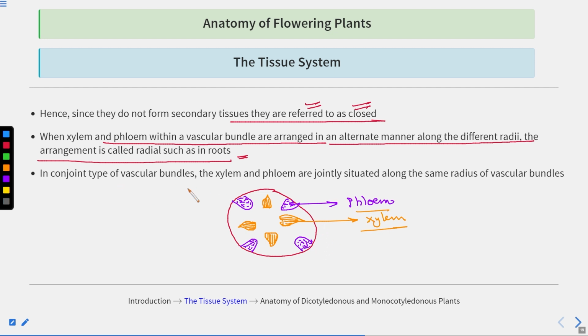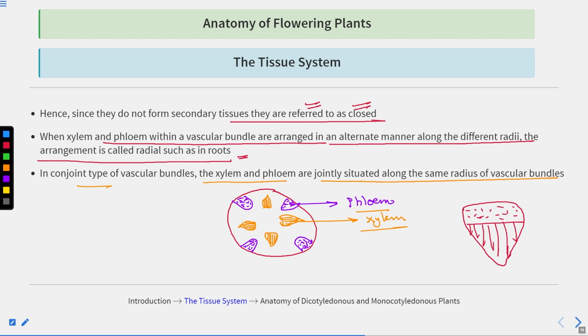In the conjoint type of vascular bundle, the xylem and phloem are joined, situated along the same radius of the vascular bundle, just opposite to this one. In the conjoint type, you must have seen in the previous slide, it is like this. This is the xylem, and you can see the phloem here.